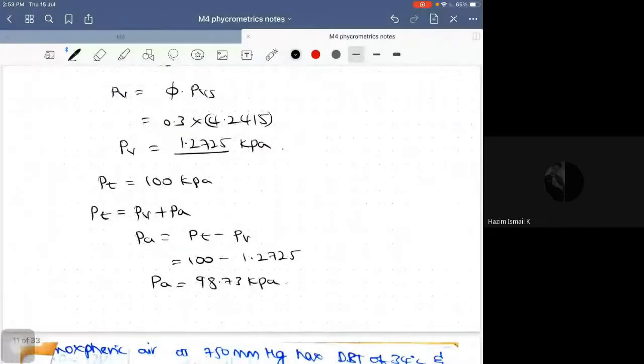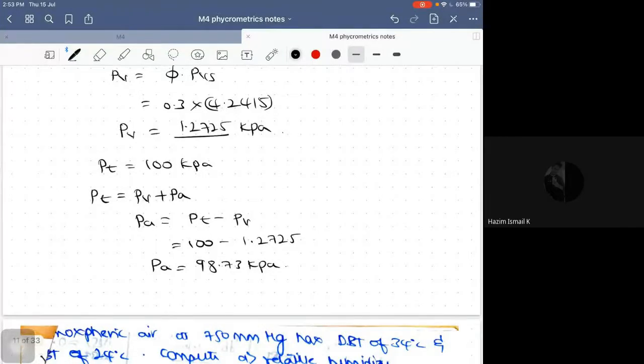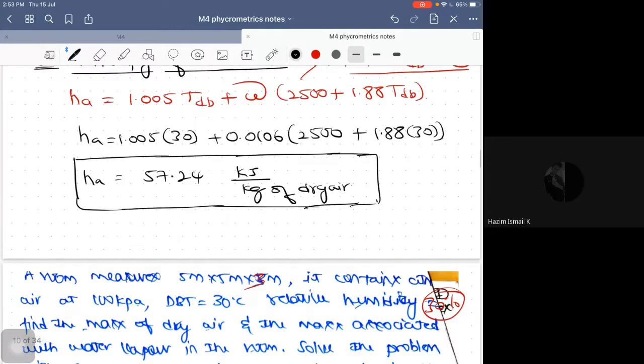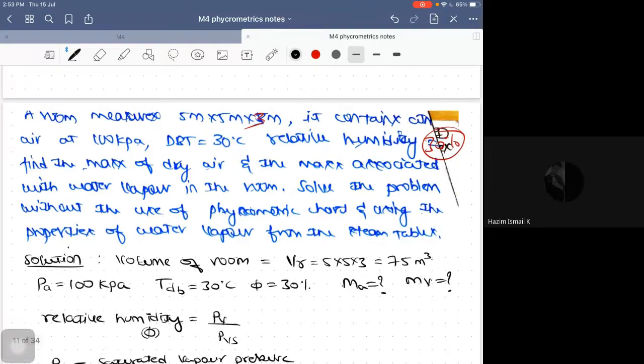I guess you can calculate the value of specific humidity. So specific humidity is given by omega. Whether this is asked, first of all, I guess it is not asked, right?